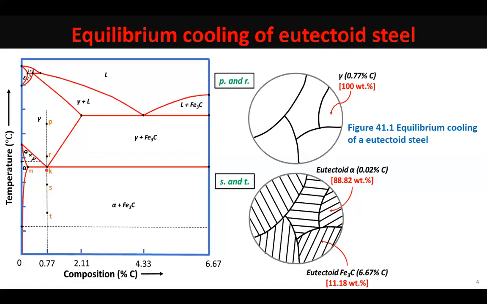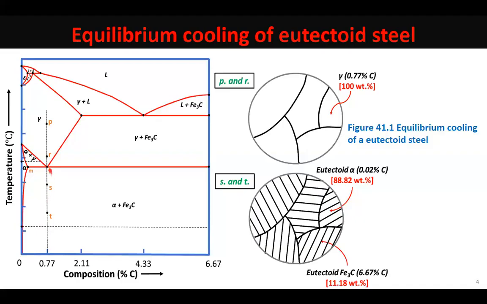0.02% carbon, but as the steel comes down to a lower temperature, ferrite present in the steel cannot accommodate 0.02% of carbon, and ferrite pushes that excess of carbon out of it again in the form of cementite.